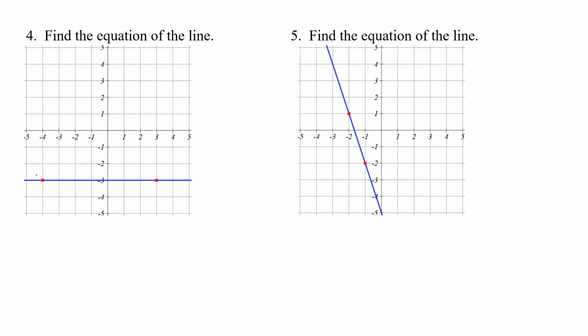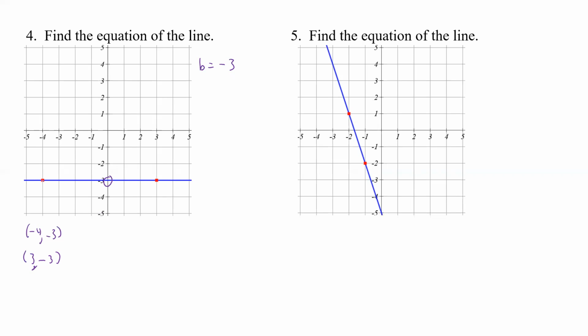Okay, what about this one? Well, this one, it looks like we have the point (-4, -3), and we have the point (3, -3). And we also have an intercept. Okay, so our b is equal to -3. And what do we know about the slope?